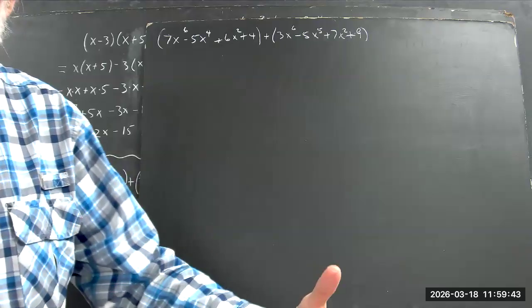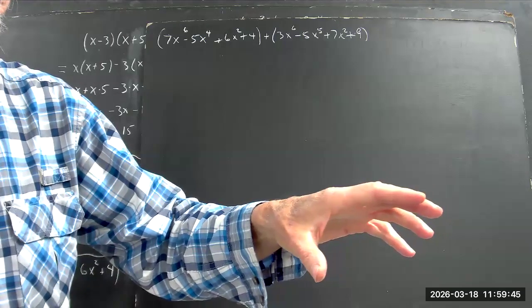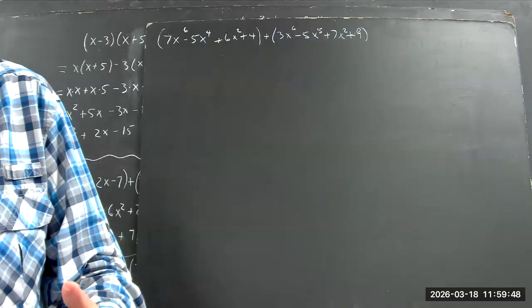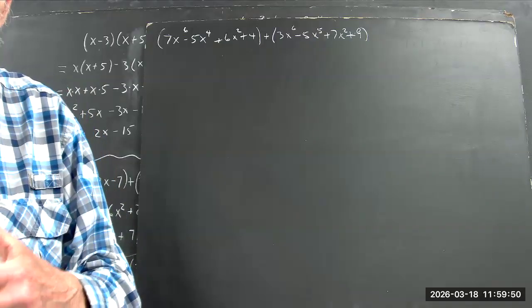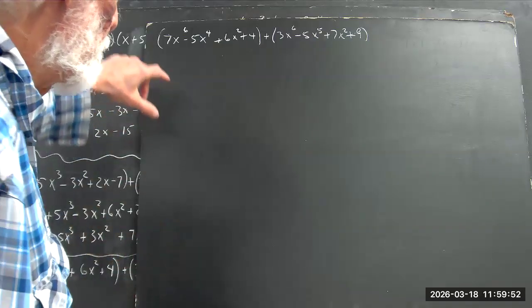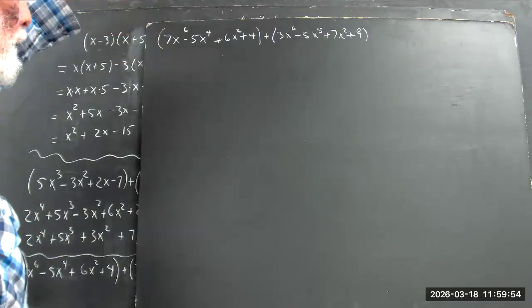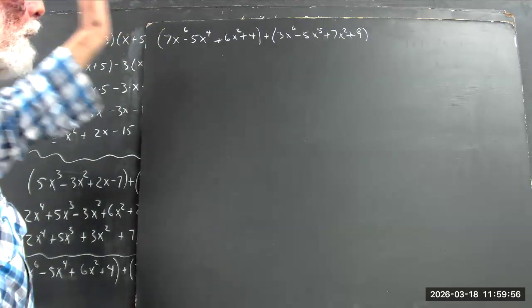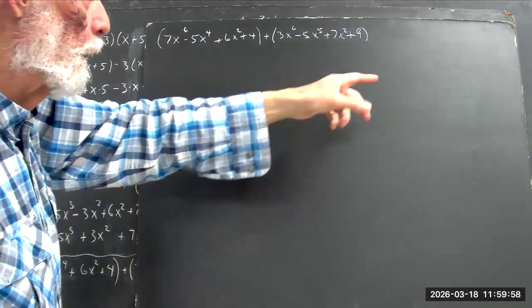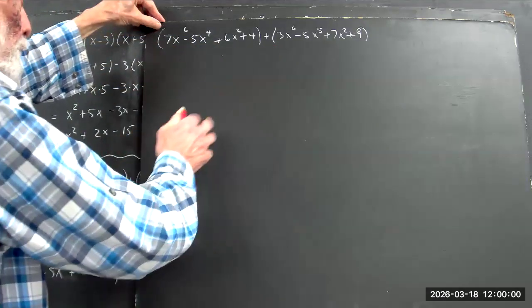Get the powers out of order. Then you want to put them in order just to get things organized, okay? Sometimes you have to do that. But right now we just look for the highest power. We look over the whole thing. The highest power is the sixth power.